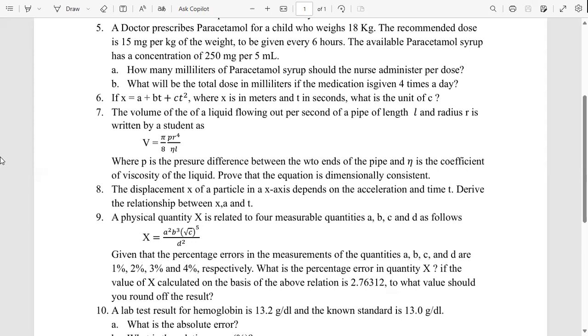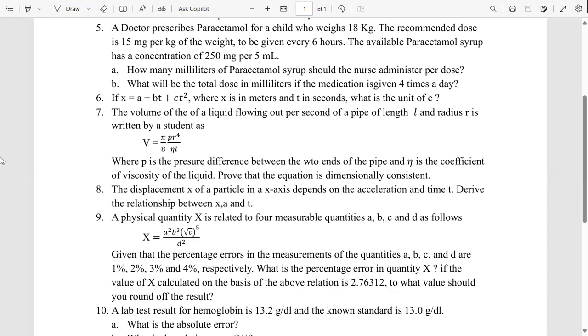Here is a trick. When you are given such questions and they want you to find anything, be it units or the powers of anything, what you're supposed to know is that if everything on the right hand side is equating to x on the left hand side, that means all the terms must have the same units as x.